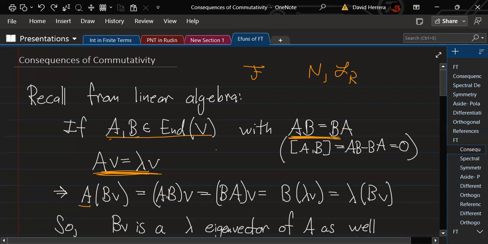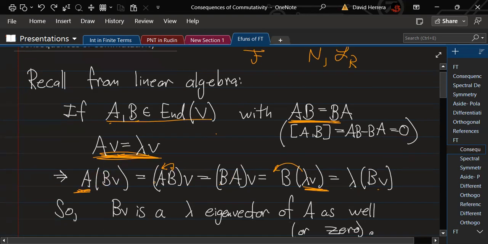So you group A and B, and then you swap them because they commute. So you get BAV, and now you use this identity. AV is lambda V, and lambda is just a number, so you can pull it out. So lambda BV. So A times this vector BV is lambda times the vector BV.